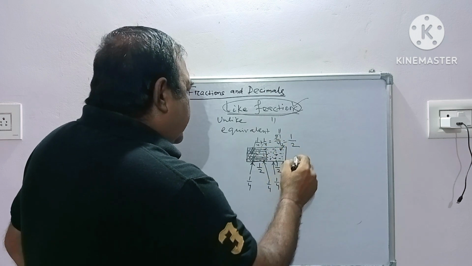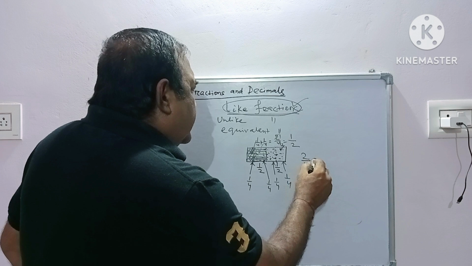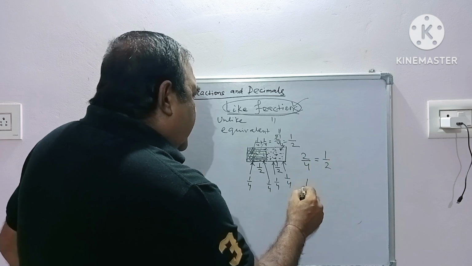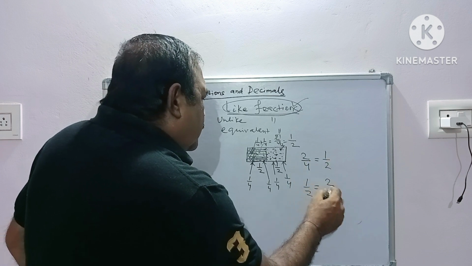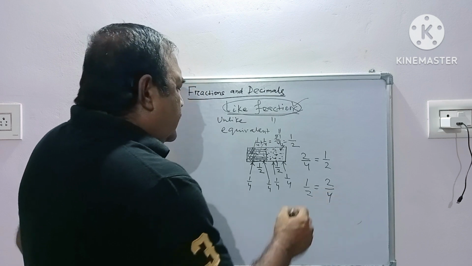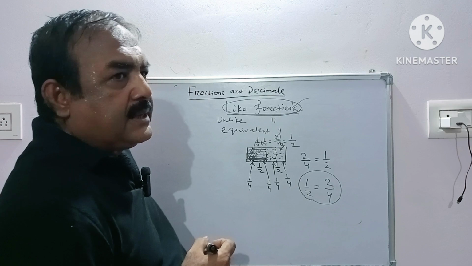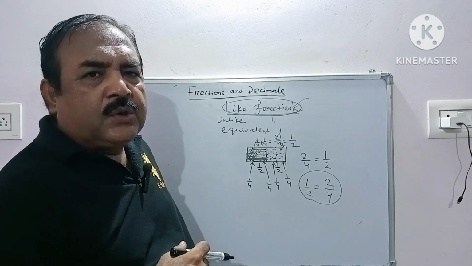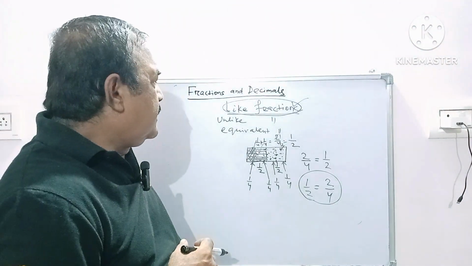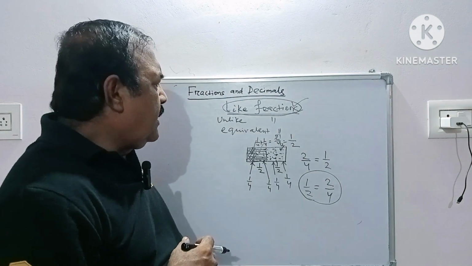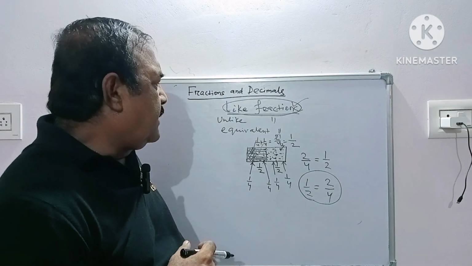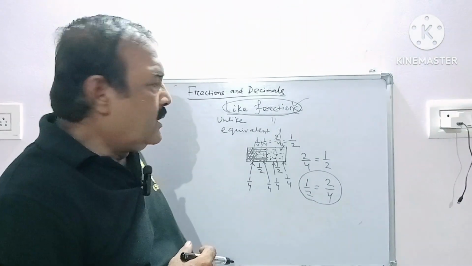The same result. You see, so 2 upon 4 is equal to 1 upon 2. So the same part of the whole they both represent, and they are the equivalent fractions. They do not change in their numerical value. The value is same. They represent the same part of the whole.